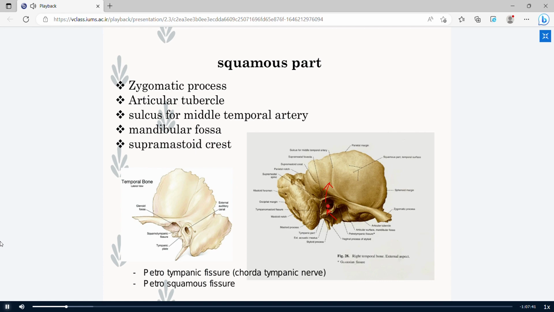If you look at the external acoustic meatus, the superior wall and the upper part of the posterior wall are formed by the squamous part, and the inferior wall and the inferior part of the posterior wall of the external acoustic meatus are formed by the tympanic plate or tympanic part of the temporal bone.